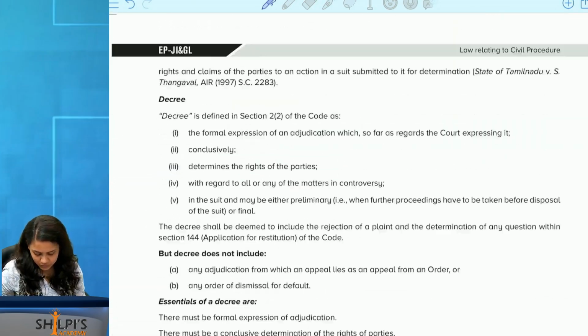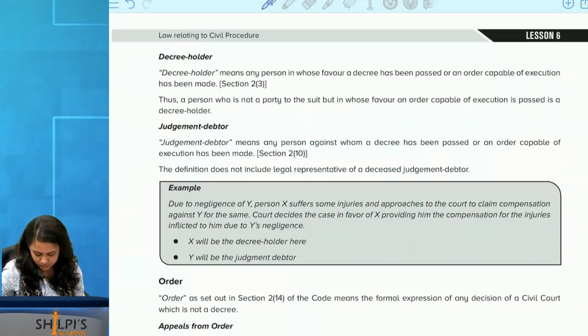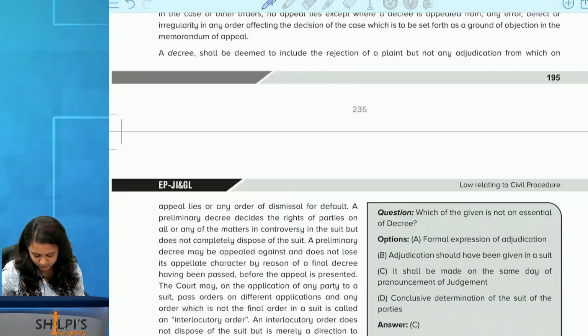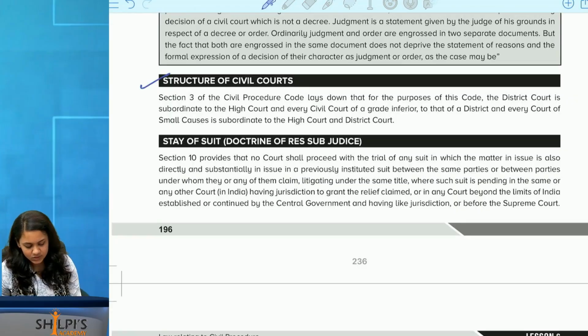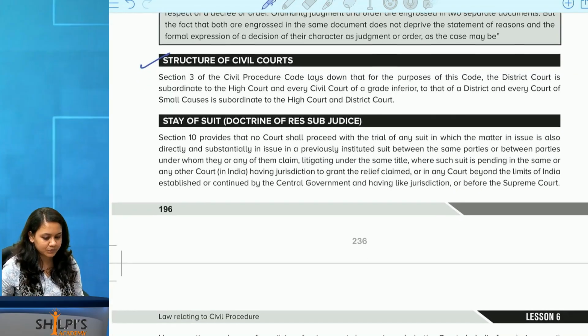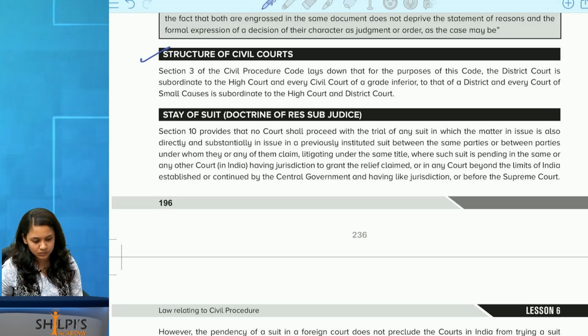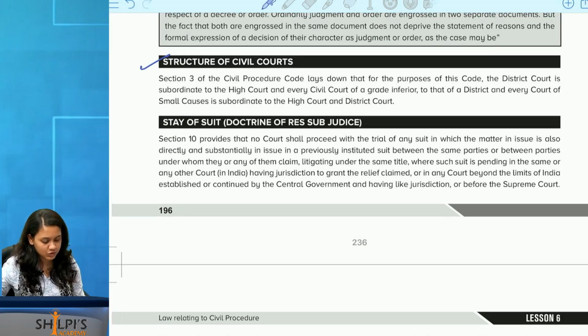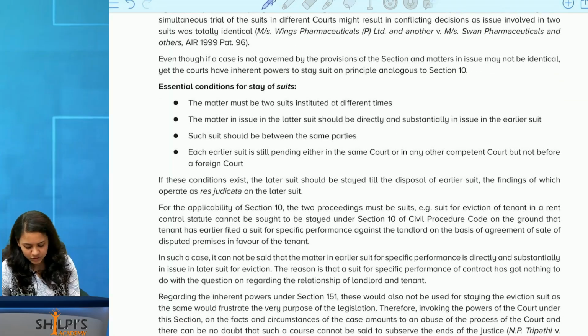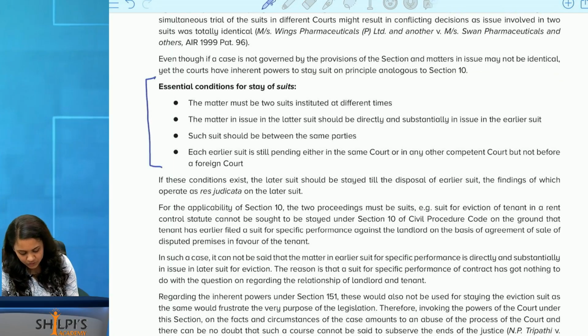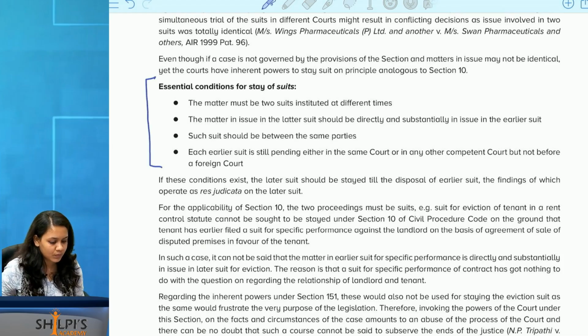Definitions you can slightly ignore for the time being. Start with structure of the civil courts. Structure of civil courts, stay of suit, section 10, sub judice. Please make sure to study these properly, the essential conditions of stay of suit.